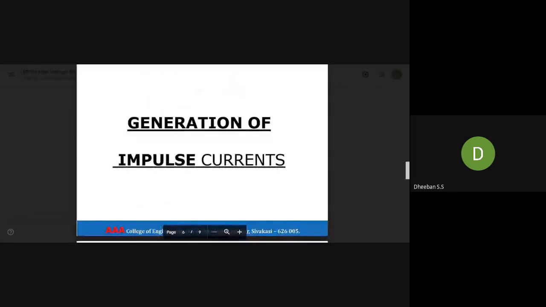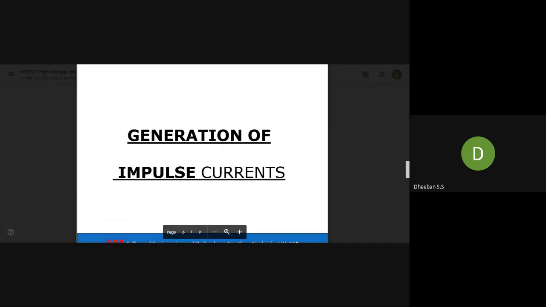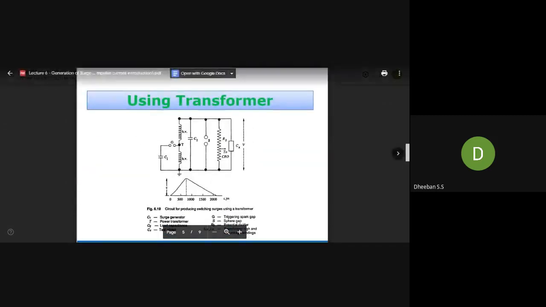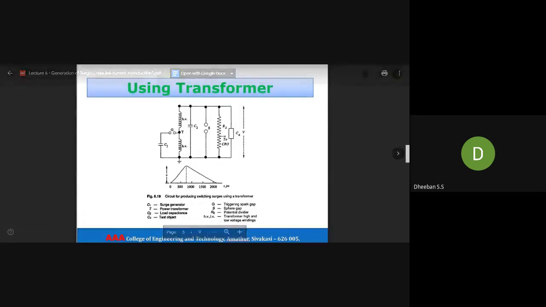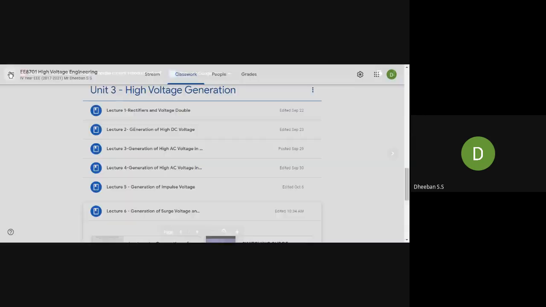The next topic is that, before getting into this, I'll be showing you about the switching surge, then you might have some more idea.